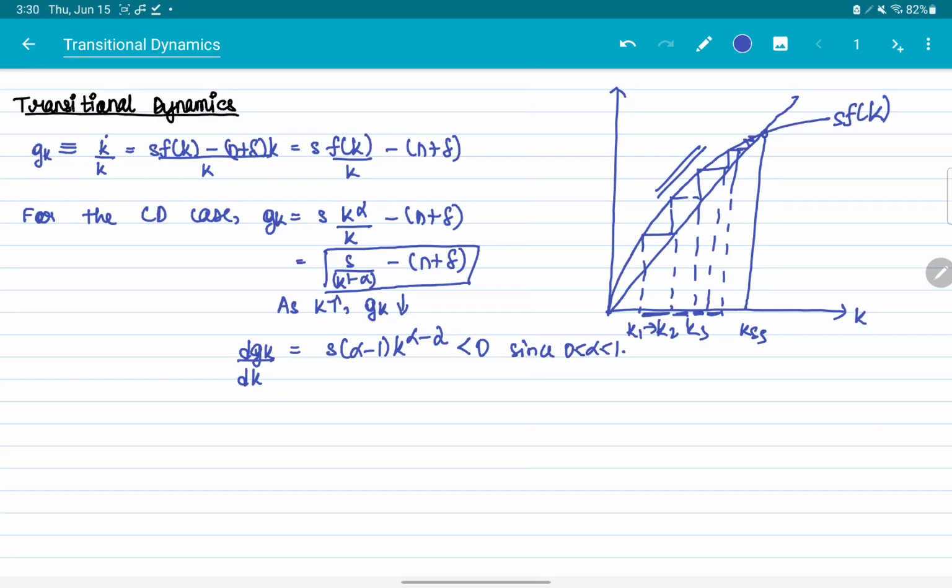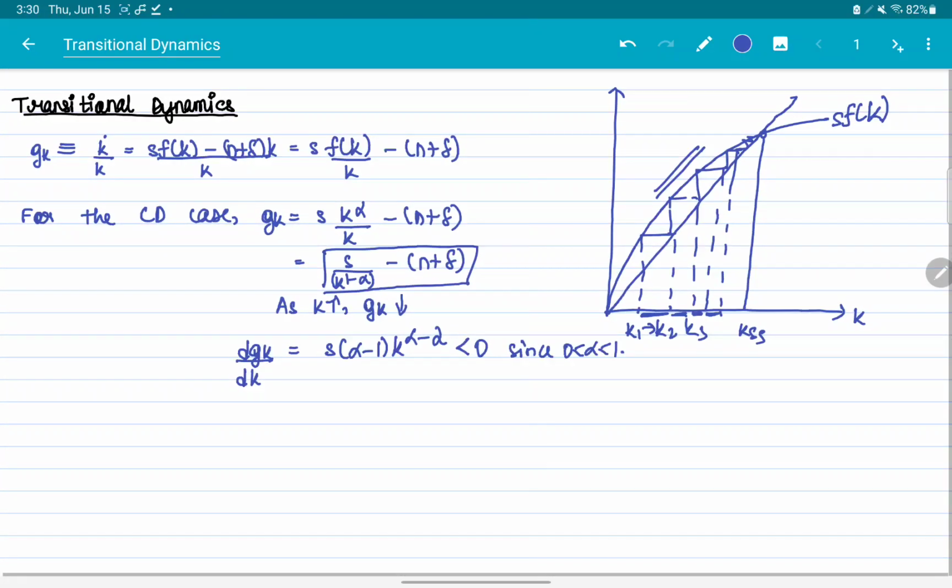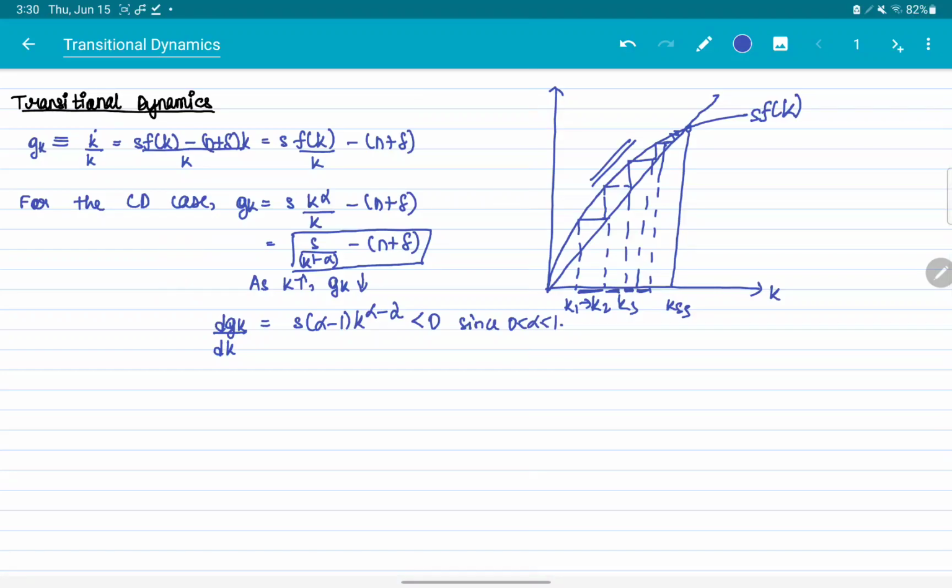Before I prove this rigorously, there's another diagram which I think we should look at, which is going to make things even simpler. So you have g_k equals s by k to the power 1 minus alpha minus (n plus delta). Let's disaggregate this into component 1 and component 2.